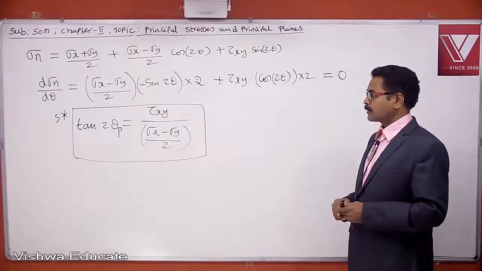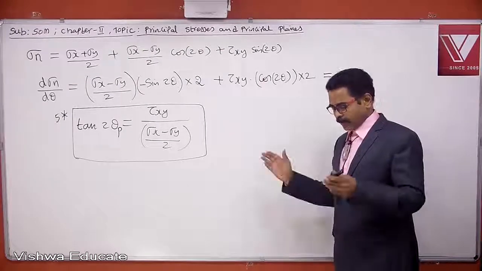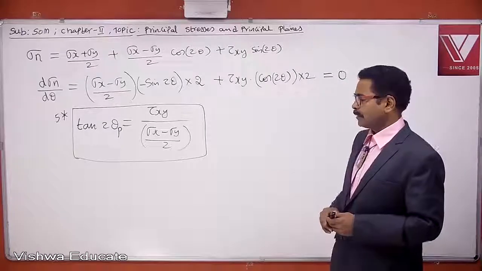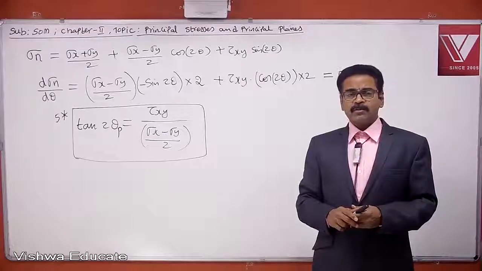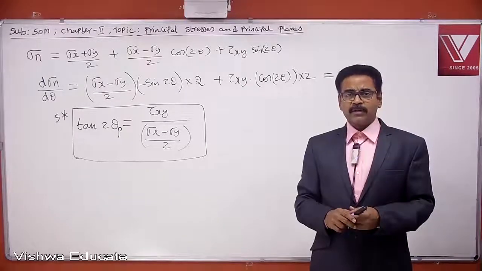So copy these two steps. From these two steps, we derived a formula to find the angle of the major principal plane and the angle of the minor principal plane.